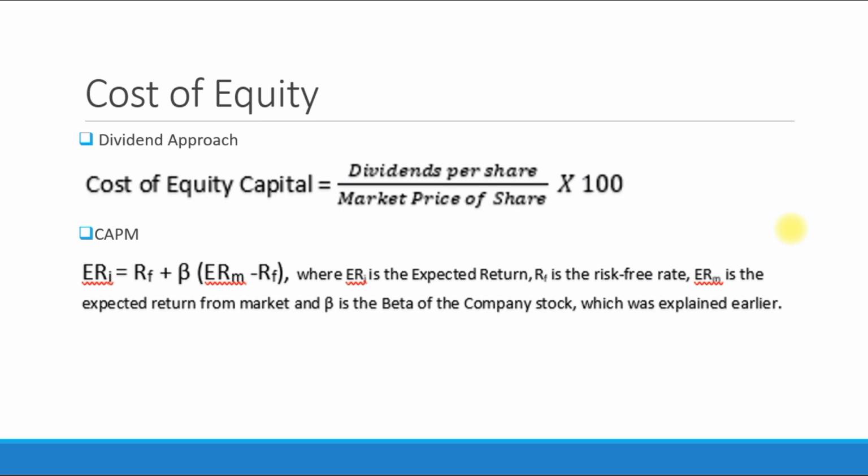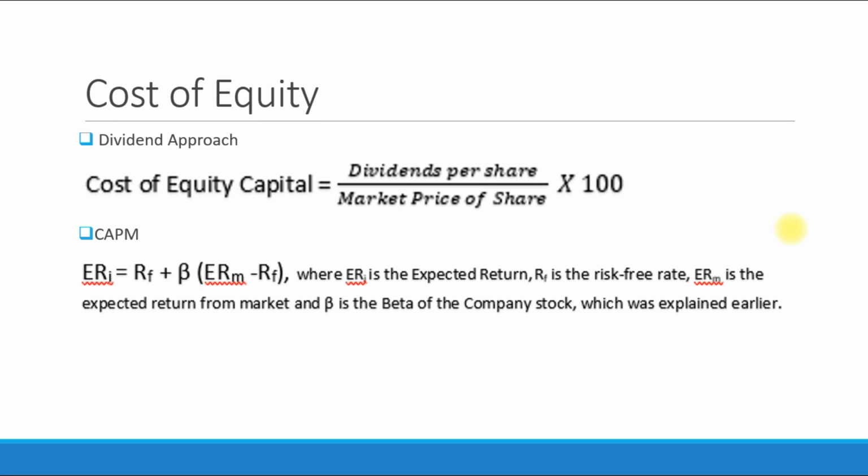What becomes the cost for a company in the context of cost of equity is the rate of return that the shareholders demand by way of dividend, or the cost associated with keeping the market price of the shares above a certain value.